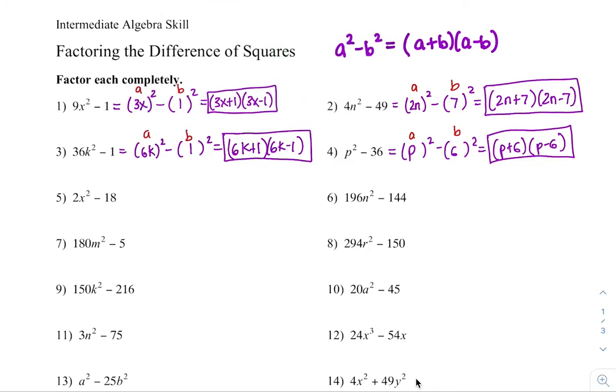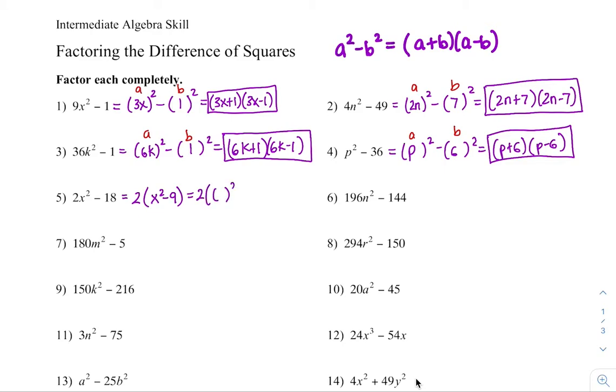Okay, number 5. This is the first one where if you look at the coefficients, 2 and 18, you can factor out a 2 from both of them first. And then you could go about the business of factoring this. So we have 2.